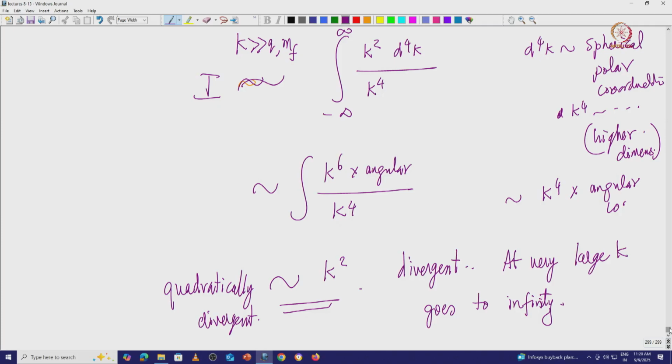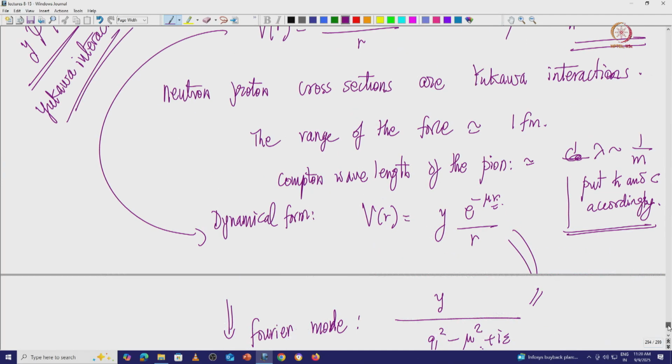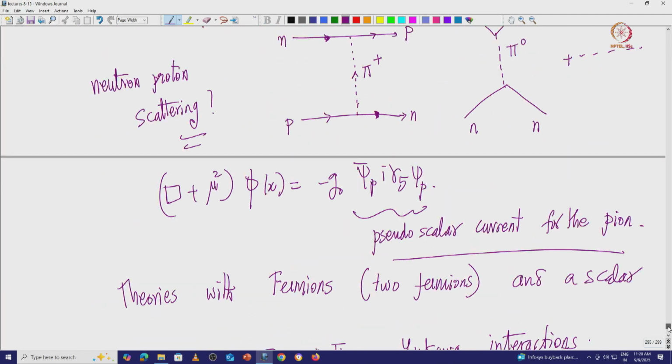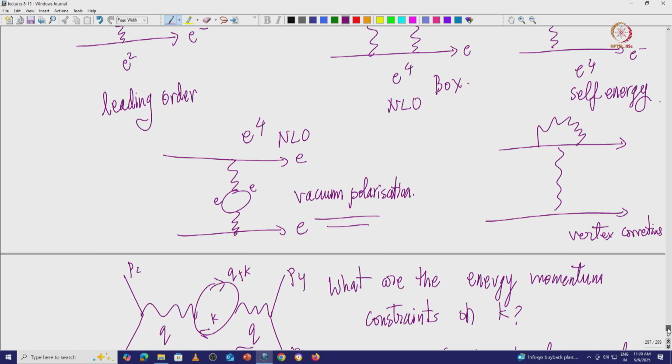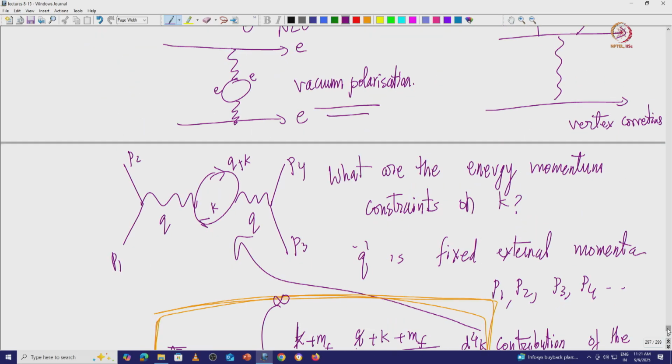You are using free particle wave functions completely. The method you use to calculate this process uses free particle wave functions. Where is this process? This is a free particle, this is a free particle, this is a free particle. When you are solving, you are using free particle wave functions.